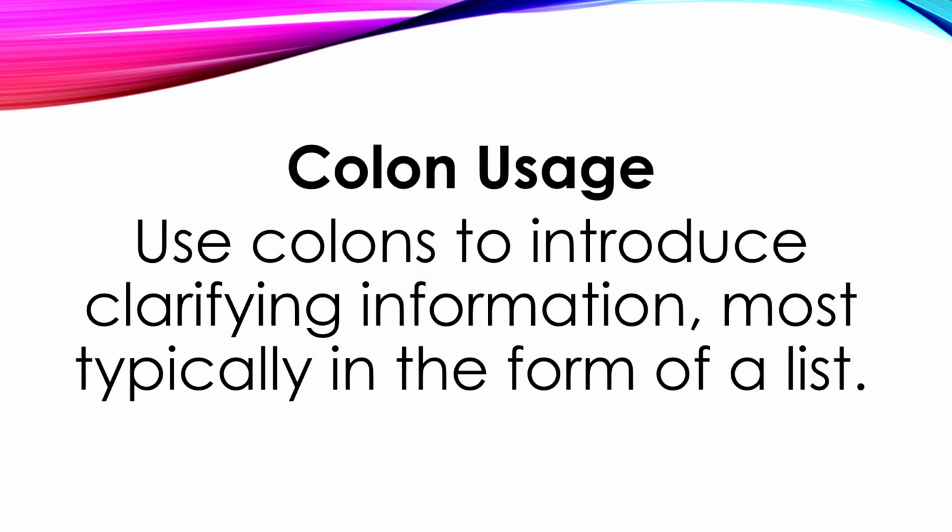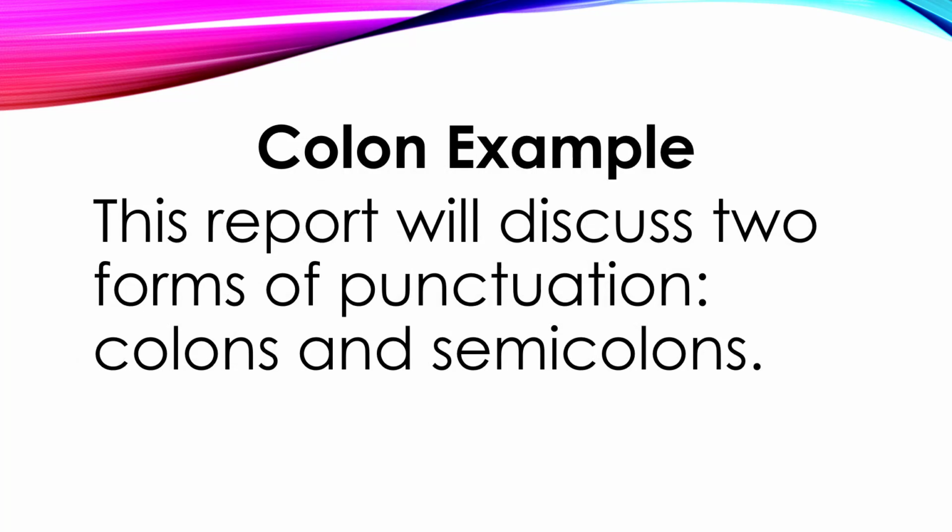So colons are used to introduce clarifying information, most typically in the form of a list. Here's a colon example. This report will discuss two forms of punctuation: colons and semicolons.